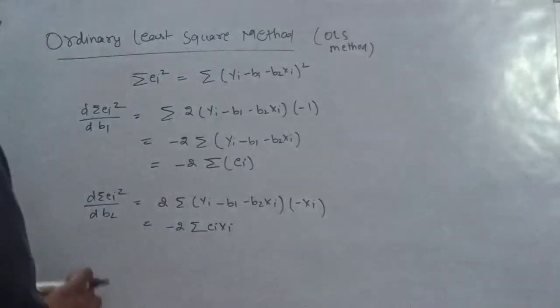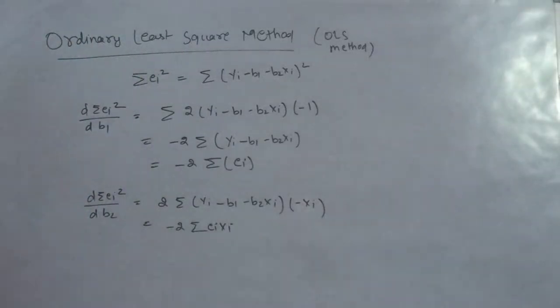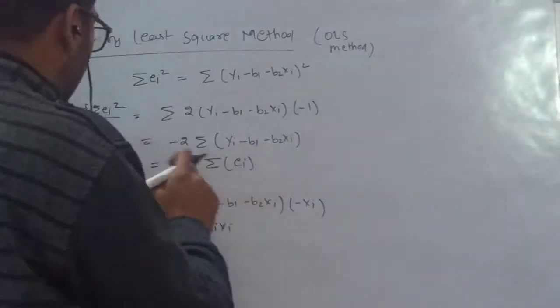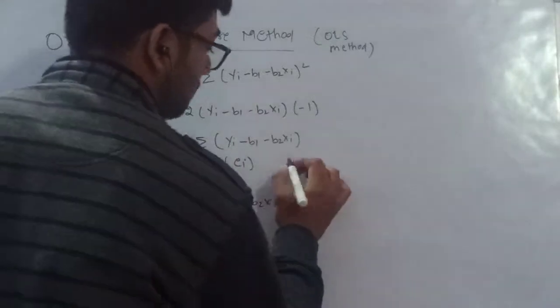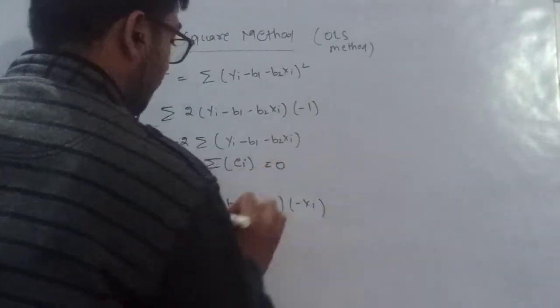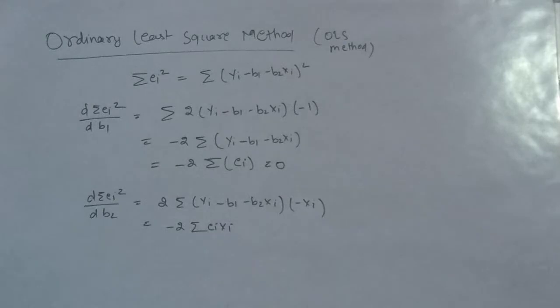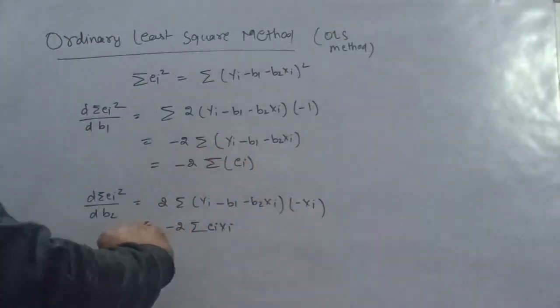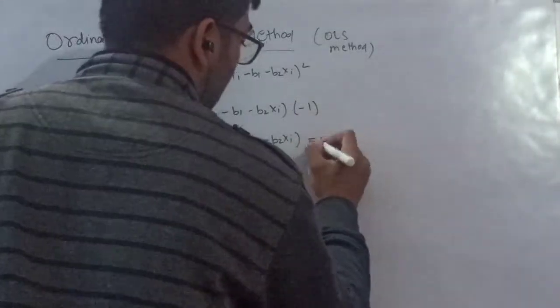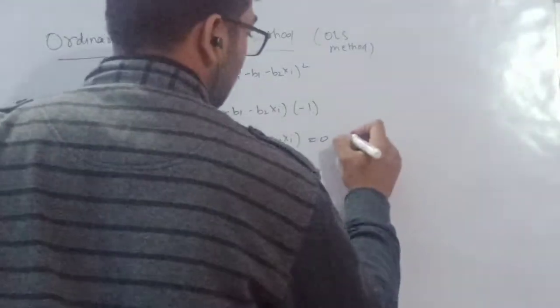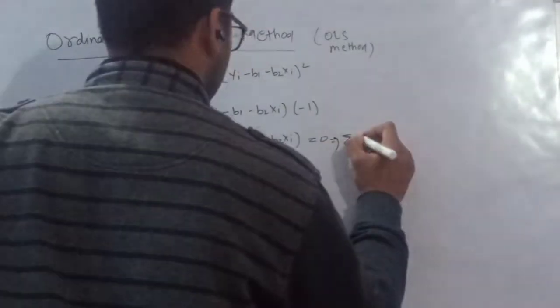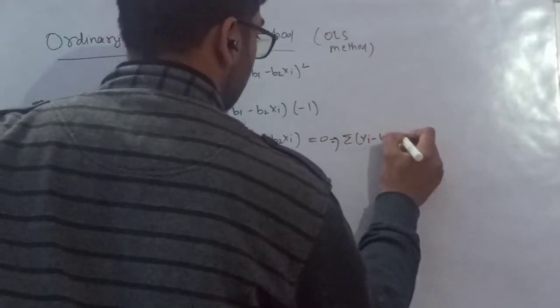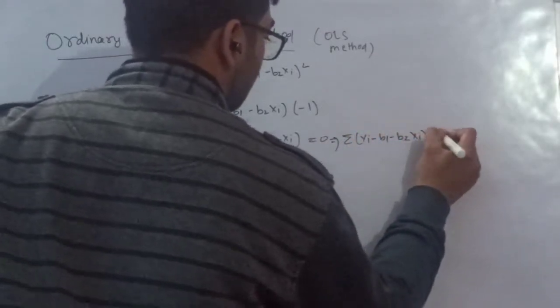Remember in mind that we have to minimize the summation of ei square. So put the first derivative with respect to b1 equal to 0 first. This implies summation of (Yi minus b1 minus b2 Xi) is equal to 0.